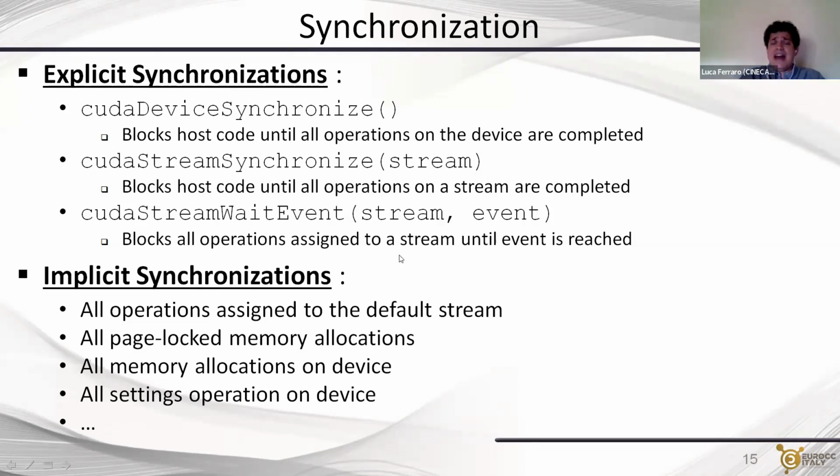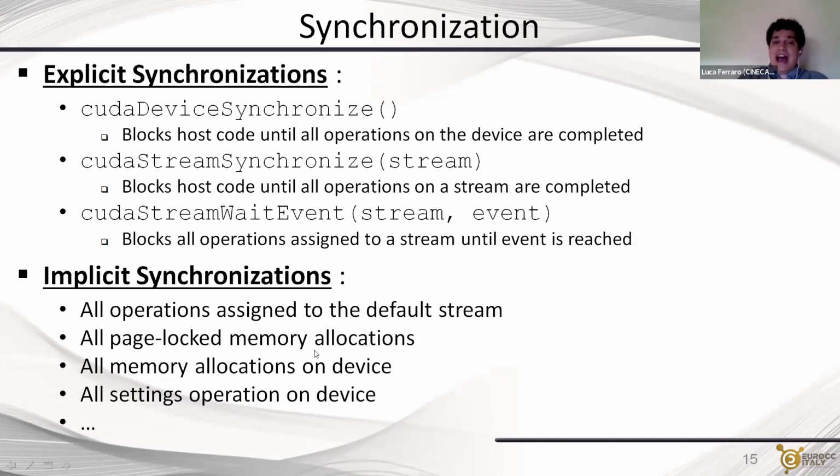There are also other CUDA API calls that are implicit synchronization points. For example, all the operations assigned to the default stream, as we have already seen, behave as implicit synchronization points with respect to the work assigned to other streams.